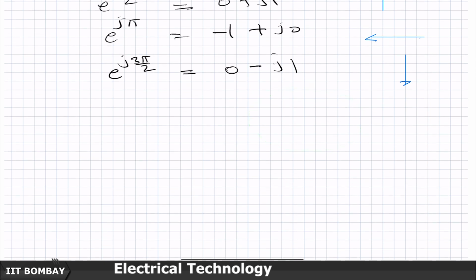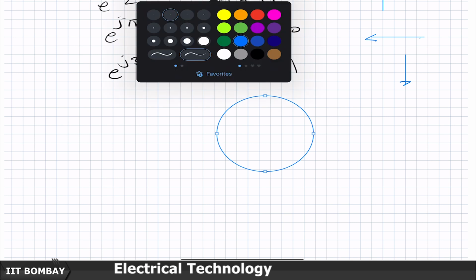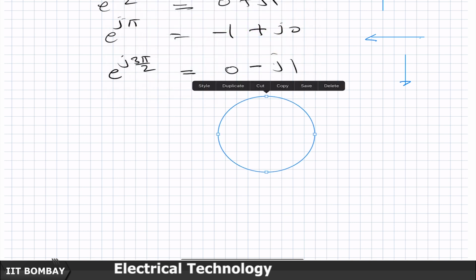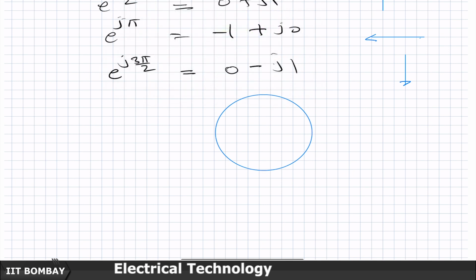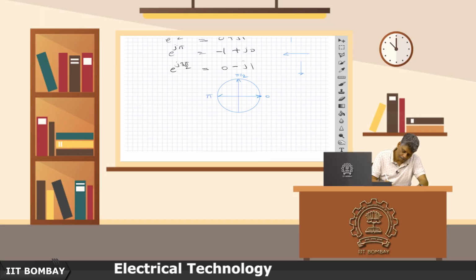What I have got here is actually a unit circle, with points at 0, pi by 2, pi and 3 pi by 2, each of length 1.